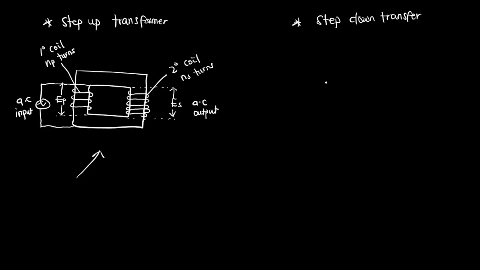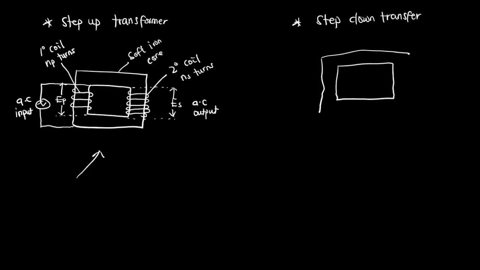Now on the other hand, the opposite is true. So this is the soft iron core, right? If we have our iron core that looks like this, don't mind my drawing, and then on the primary coil the number of turns is plenty, so we have a lot of turns over here.